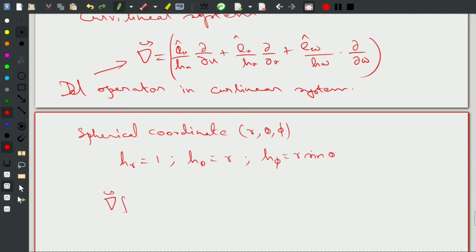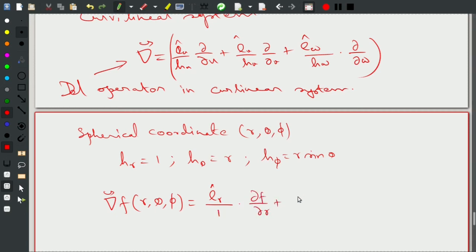The gradient of some scalar function f, which is a function of r, theta and phi, can be given as, instead of del, we write er cap, and our h r is 1, dou f by dou r, plus e theta cap divided by r dou f by dou theta, plus e phi cap divided by r sin theta. This is because of our h phi.